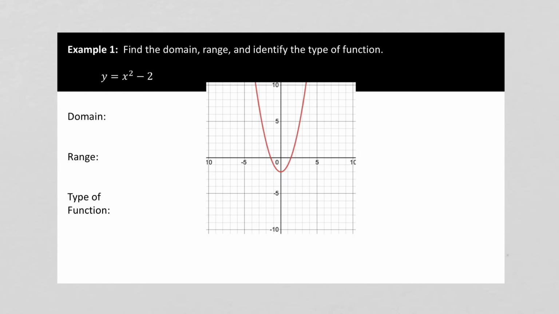So the type of function is, well, it's y equals x squared. We would call it a square function, or in this case, a quadratic.